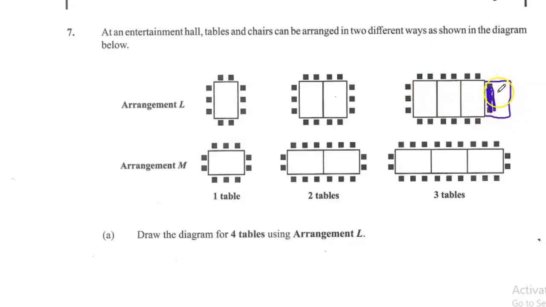So here we have 2 persons to this side. We have 2 persons on that side. And here at the end we have 3 persons. Alright, so this would be the arrangement for L if we had 4 tables.